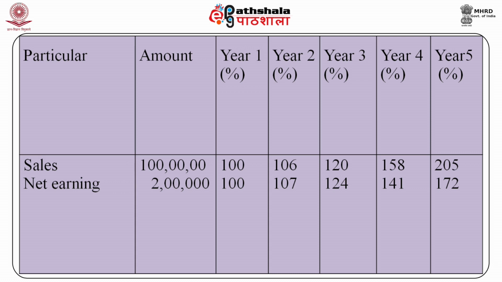Then we have net earnings having 2 lakh worth with 100% for first year, 107% for second year, 124% for third year, 141% for fourth year and 172% for fifth year.